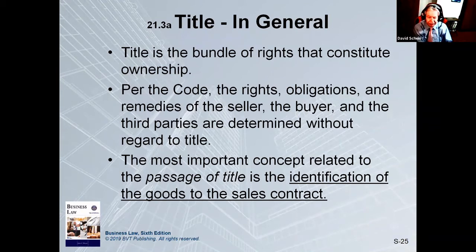Well, one of the things that you can do is to identify things by their serial number. Most things that are produced in the world are stamped with a serial number that's unique to that item.